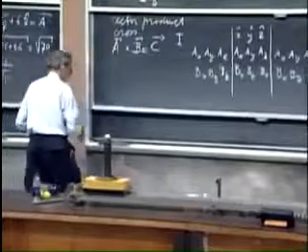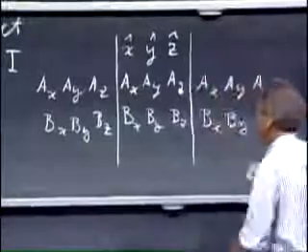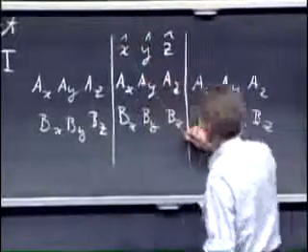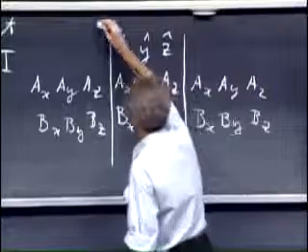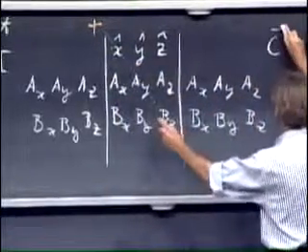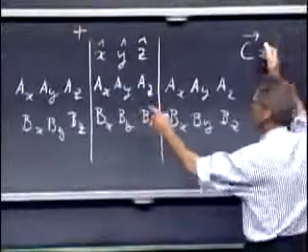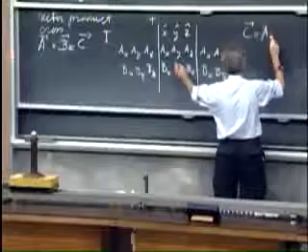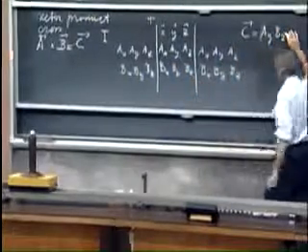You go from the upper left-hand corner in this direction. You multiply all 3, and that's a plus sign. So you get C, which is the A cross B, equals AY times BZ times the x roof.